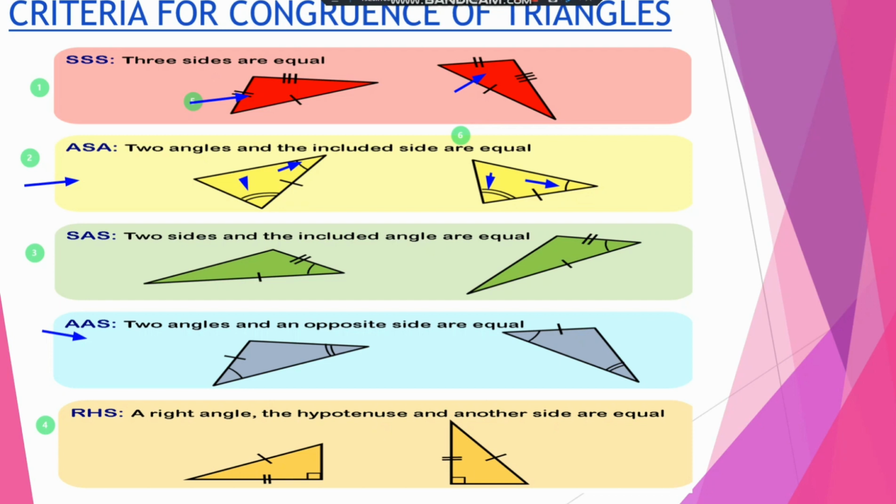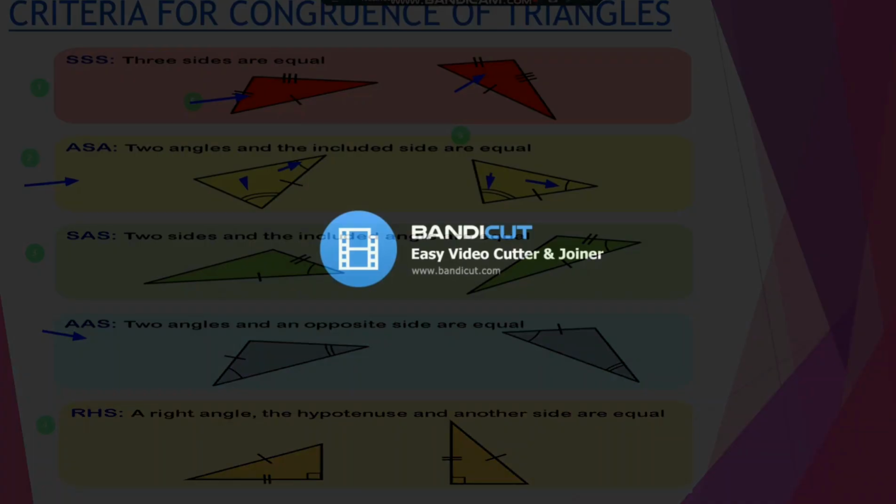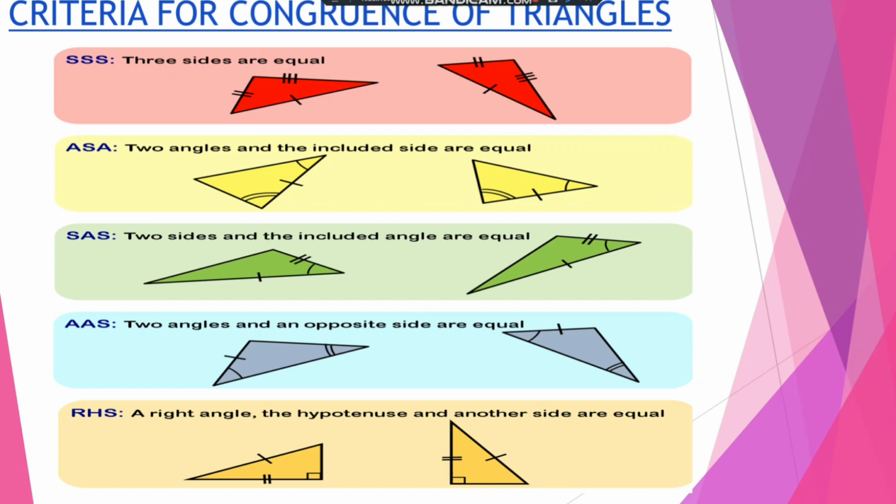These 2 angles are equal, and the included side means the side which is in between the angles. So this side is equal to this side.